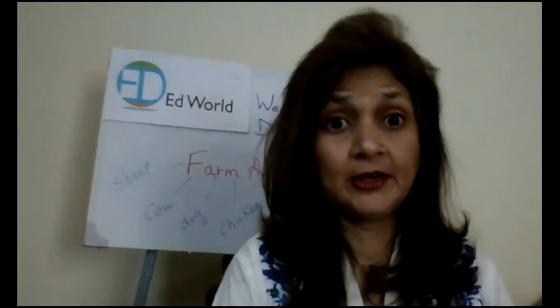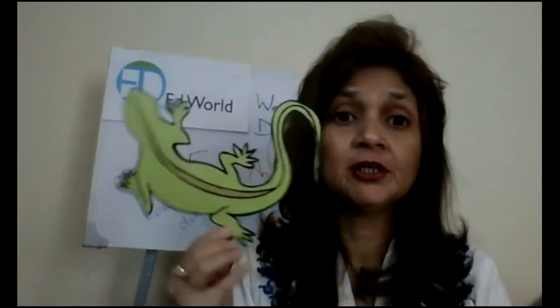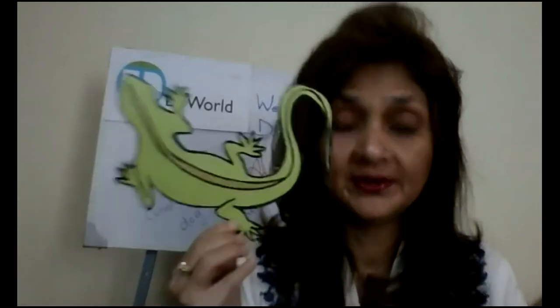Now this is a scary picture. It's a picture of a lizard. And where do lizards live? They are in your homes, they are on the walls, right? And it can be in the forest also, it can live in gardens also, it can live on farms also, right?